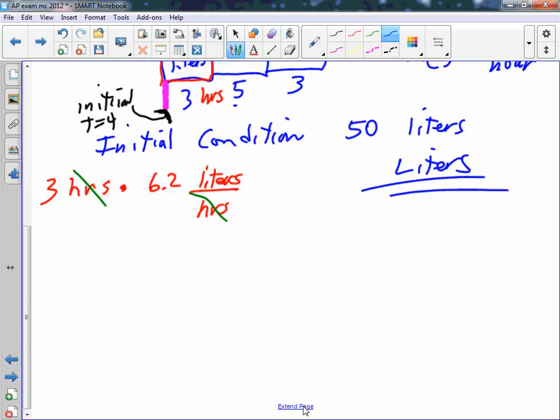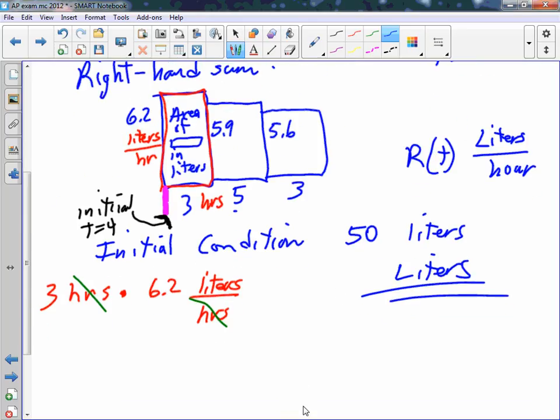And a lot of you articulated really well that you need to review Riemann sums. We were good at it before. So we would say that this is really an integral in disguise, that we're going from 4 to 15. I was going, wait a minute, so 4 to 15. Oh, and there we're good. So 3 plus 5 is 8, plus 3 is 11. We're at 11 hours. We're good.